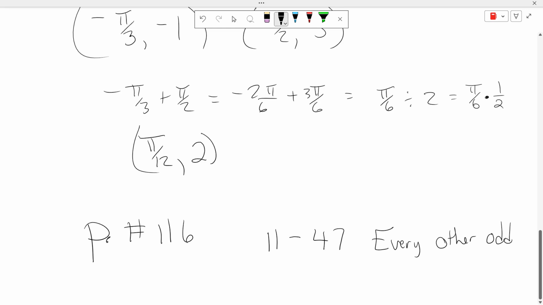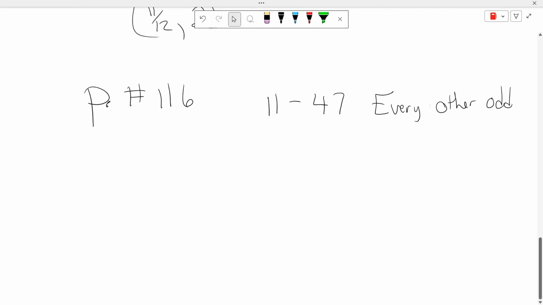Okay, let's see if we can figure this out. Your assignment, first assignment, is 11 through 47, every other odd. So the first problem you'll do is 11. The second problem that you'll do is 15, because we're doing every other odd numbered problem.